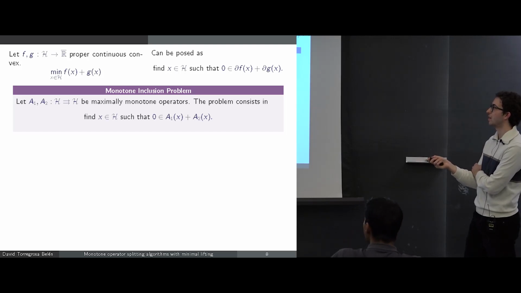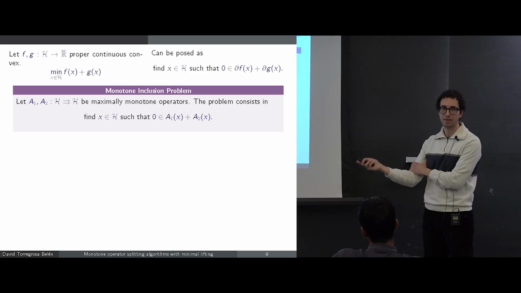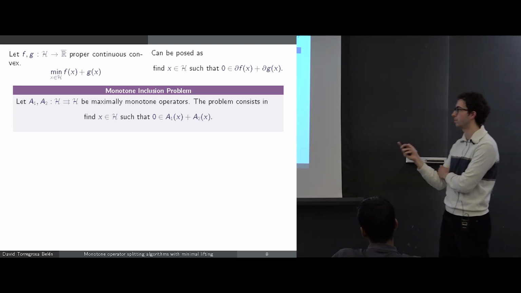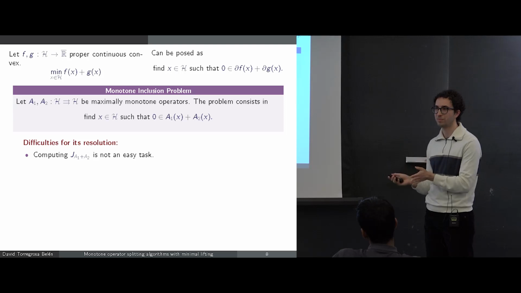In general, the sum of two monotone operators is also monotone, so you would think of applying the proximal point algorithm to solve this problem. But there is a problem. The first is that, in general, the sum of two maximally monotone operators is not maximally monotone.